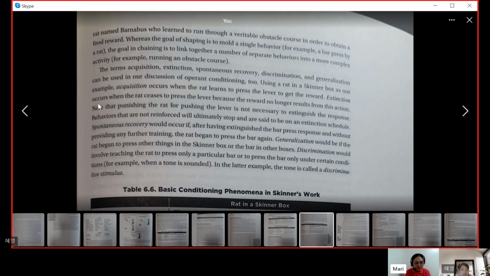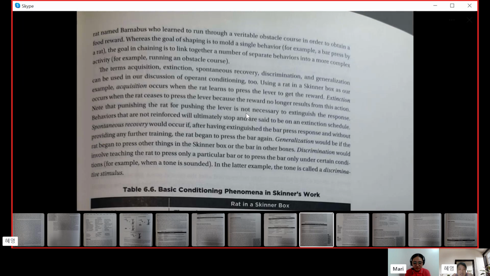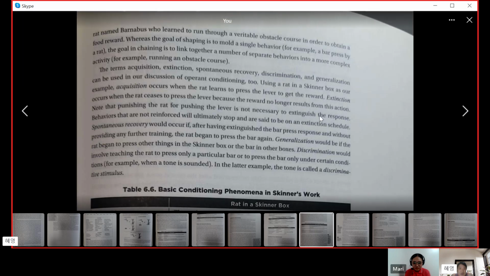Extinction occurs when the rat ceases to press the lever because the reward no longer results from this action. Note that punishing the rat for pressing the lever is not necessary to extinguish the response. Behaviors that are not reinforced will ultimately stop, and this is known as an extinction schedule.